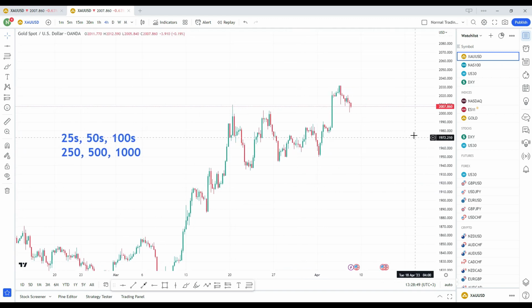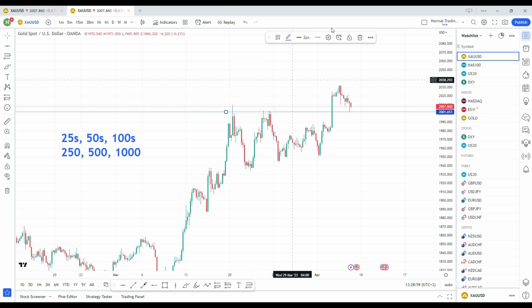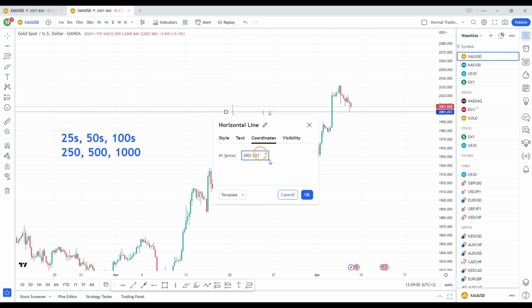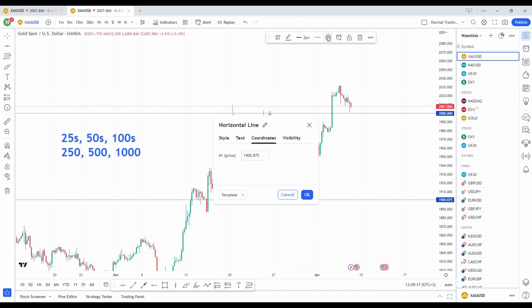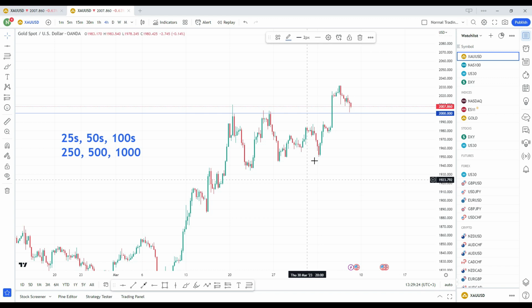For example, in this gold, we can have half zones here at 2000. $1900, sorry.